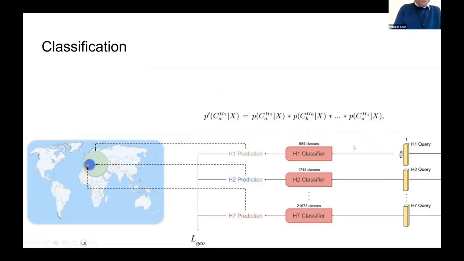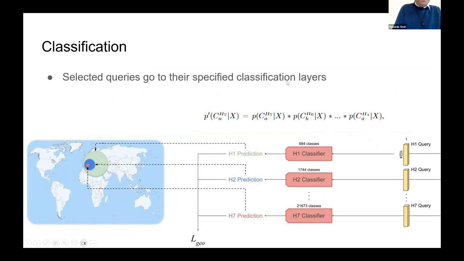And the last part is classification. As I said, we use the selected queries to go to the specific classification layer. This is the idea behind using different hierarchies. Given an image, for a particular hierarchy, what class is it, then for the next hierarchy, what class will it be; multiply these probabilities and get the maximum one.